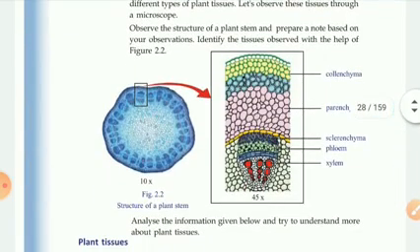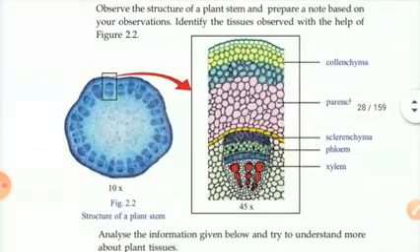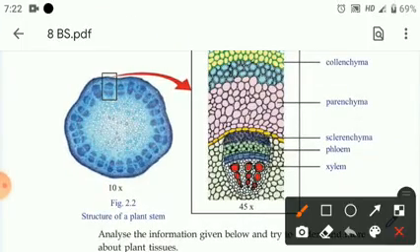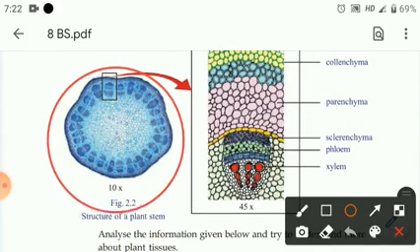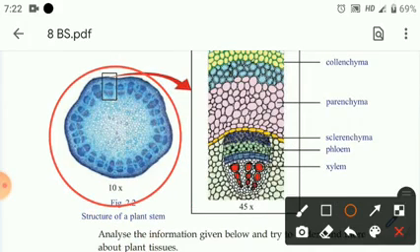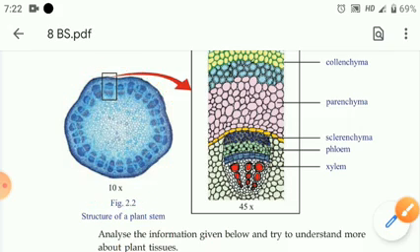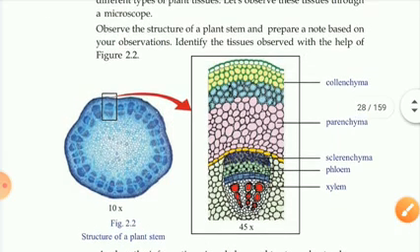And then look at the structure of the plant stem. This is the 10x power structure, and the next picture shows 45x, one part of the stem enlarged.